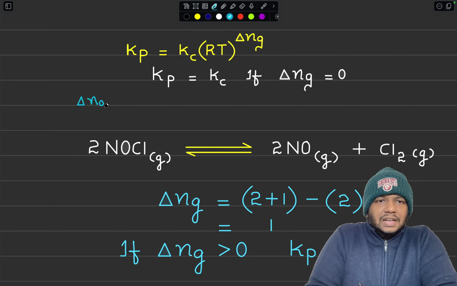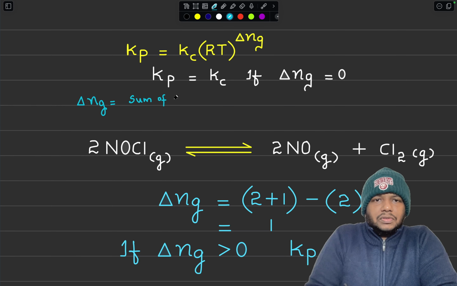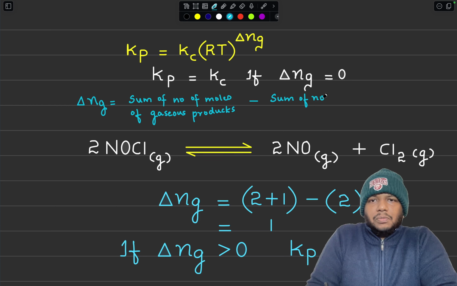Okay, so I can say delta Ng is nothing but the sum of the number of moles of gaseous products minus the sum of the number of moles of gaseous reactants.